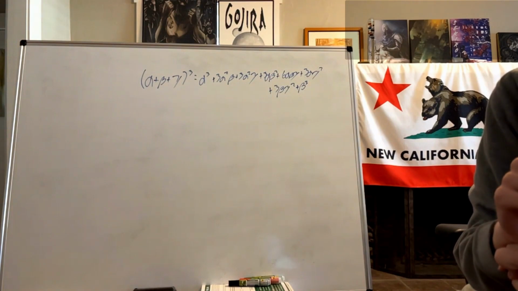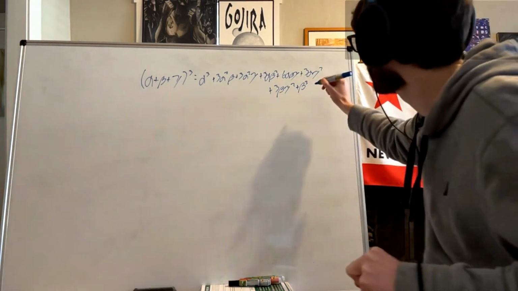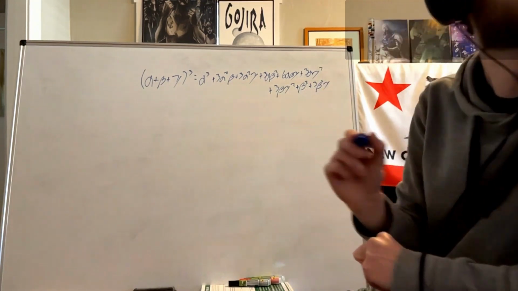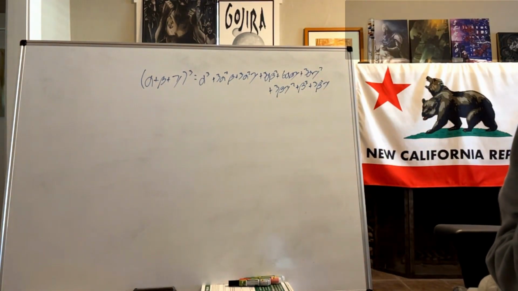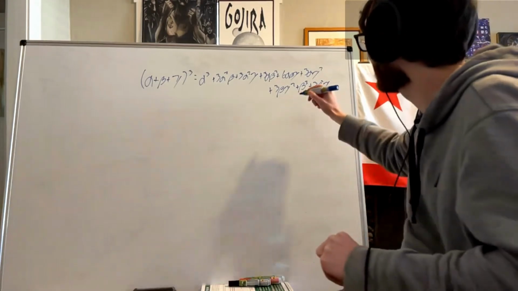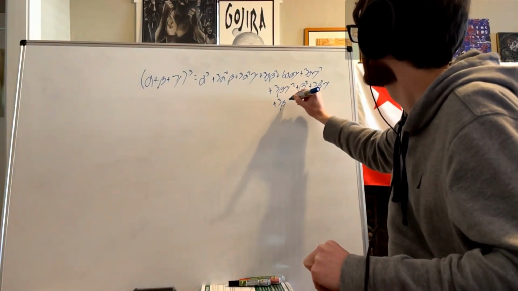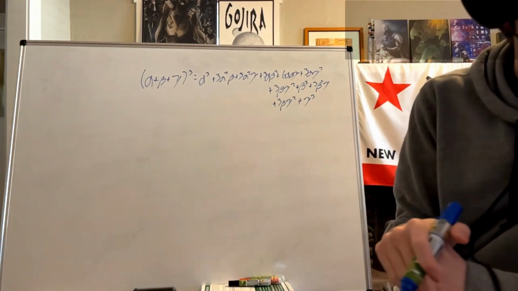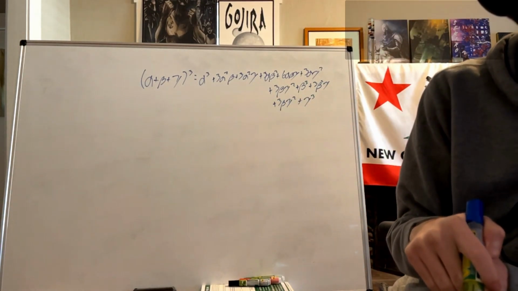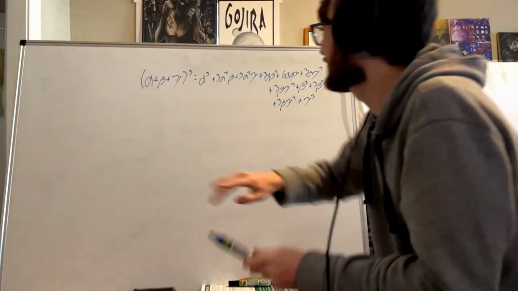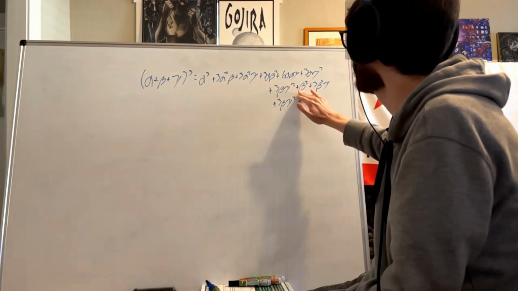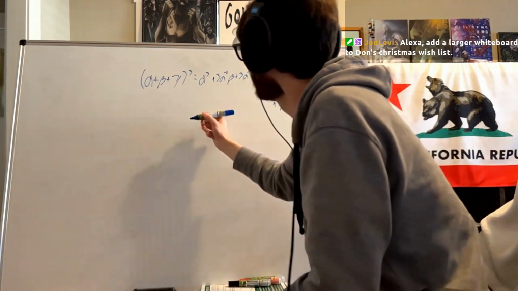I should have given myself more room. 3 beta squared gamma. 3 beta gamma squared plus gamma cubed. Okay. So that's the entire thing. That's this whole thing factored out. We were interested in alpha cubed plus beta cubed plus gamma cubed. So let's group up those 3.